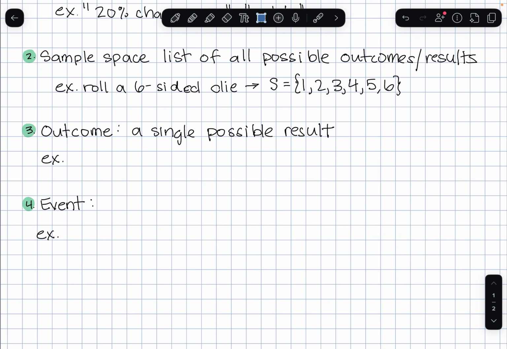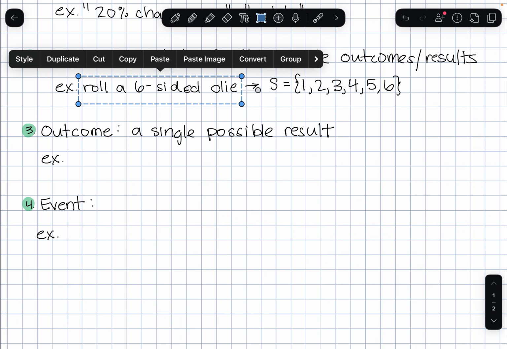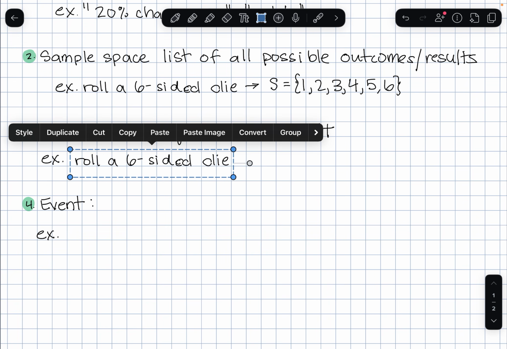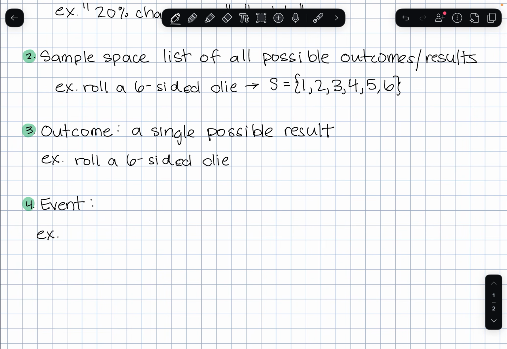For our example of rolling a fair 6-sided die, any one of those 6 sides would be an outcome. So for example, rolling a 2. That's an outcome, a single result from that sample space.